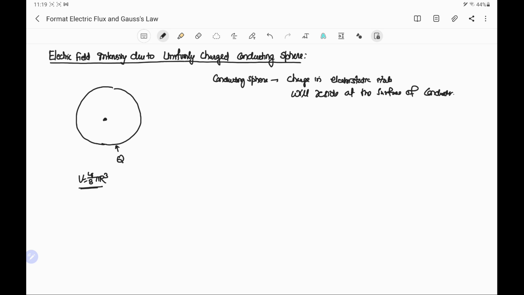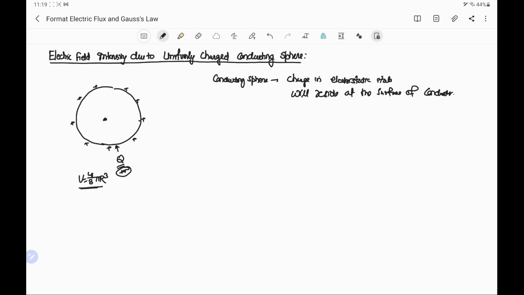That means if charge Q is given, say Q is a positive charge, to the conducting sphere, at static condition this charge will be at the outer surface of the conducting sphere, and there will be no charge inside the surface. So now the situation is like the spherical shell.